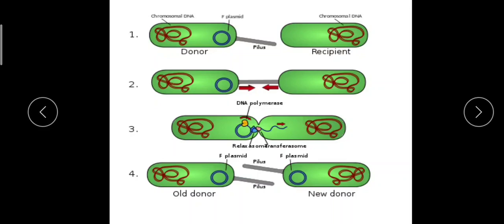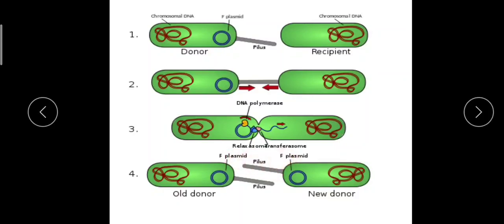As soon as the recipient cell receives the F factor, the conjugation tube separates out. The cell which was F negative now becomes F positive, and since it is F positive, it also forms its own sex pili.